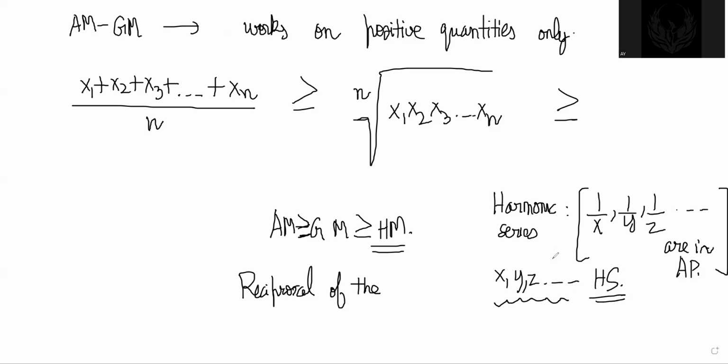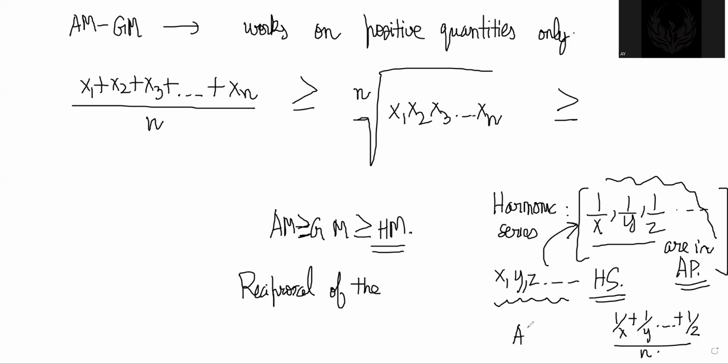So in the reciprocal series, which is an arithmetic series, the arithmetic mean of the terms would be 1 by x plus 1 by y till 1 by z, divided by n. This is the arithmetic mean of the reciprocal series, correct? Harmonic mean is defined as the reciprocal of this.